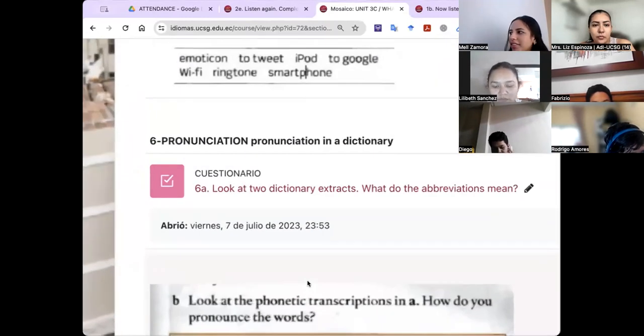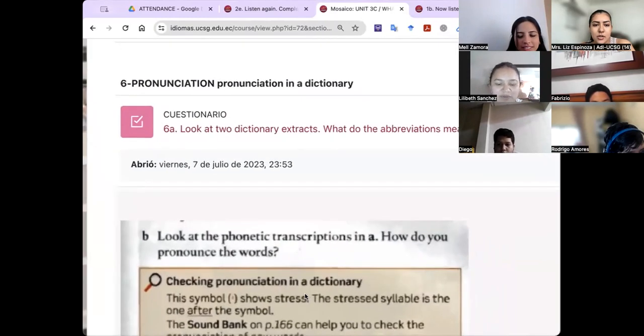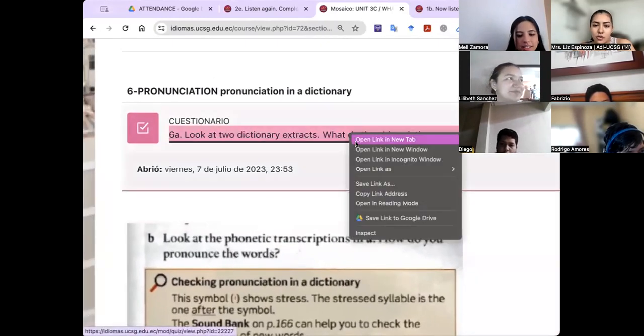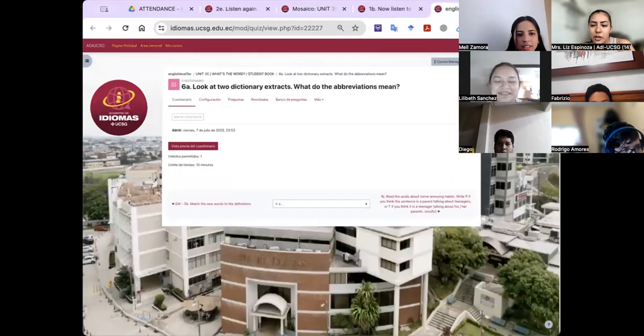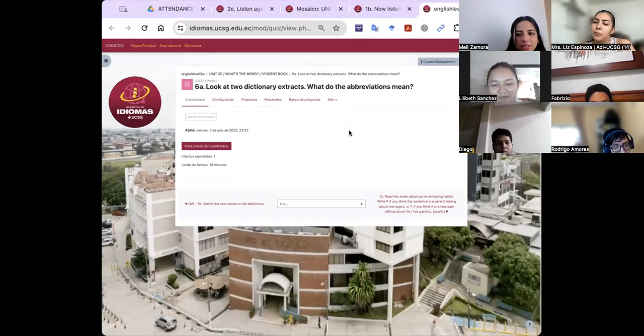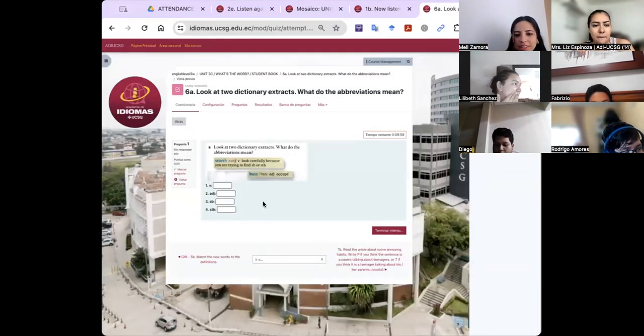So, I'm going to go, as I mentioned, to pronunciation. It says, look at 2 dictionary extras. Remember that they mentioned in the reading the Oxford online dictionary. We have several. We have the Webster dictionary. We have the Cambridge dictionary. Okay, so let's see.